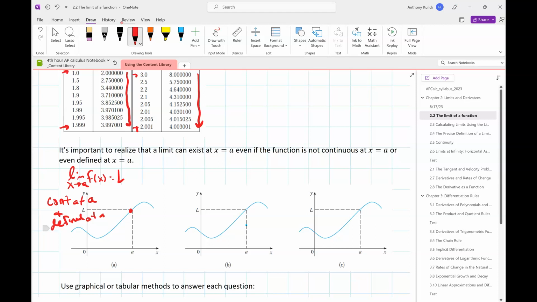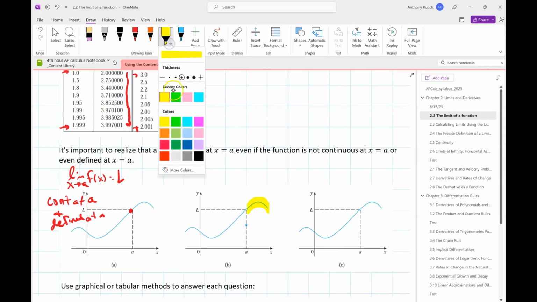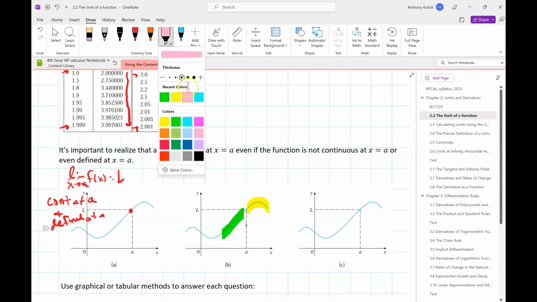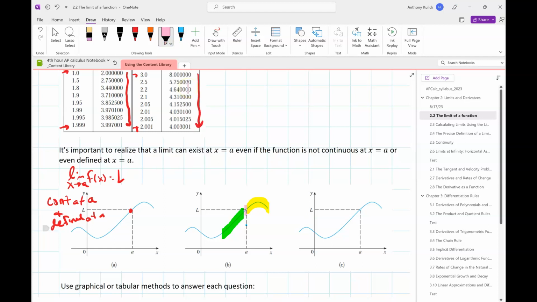If I look at the next graph, if we follow along from the right, it looks like we're heading to L. And if I follow along from the left, it looks like we're heading to L. But when I look at f of a, it's not L, it's actually whatever this value is. Right?